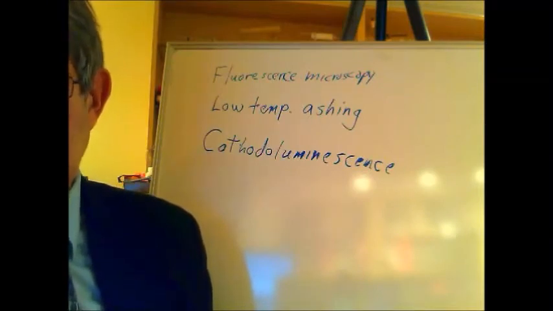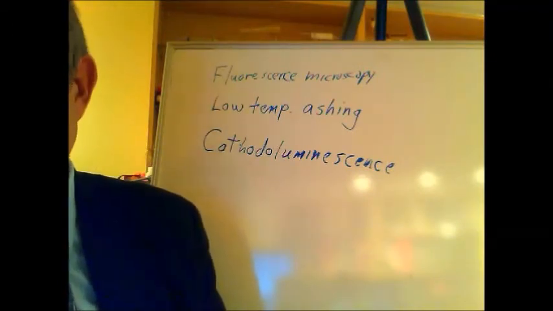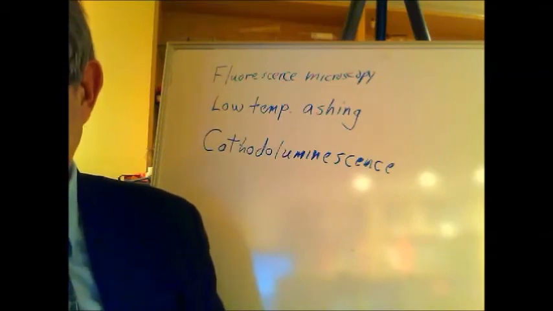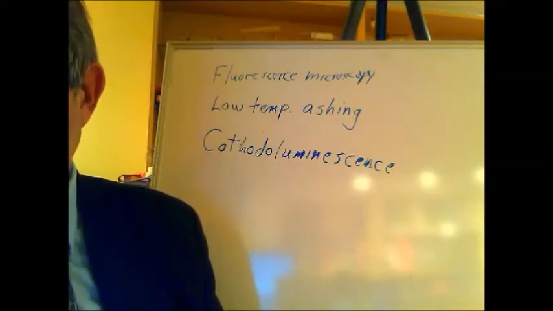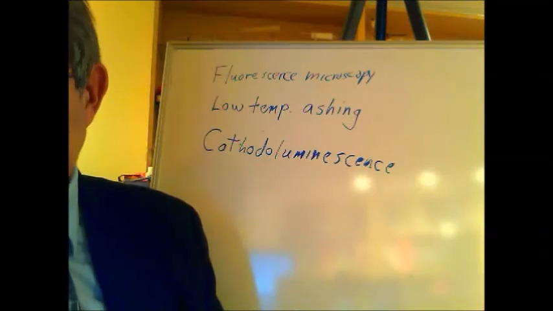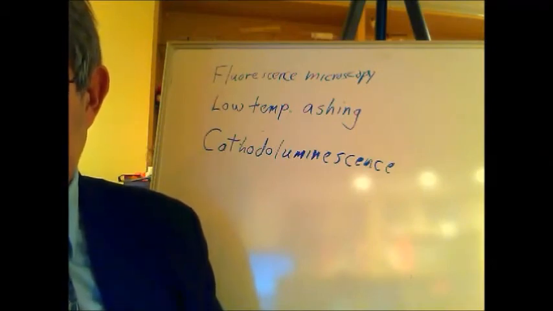You could also use what is known as analytical electron microscopy. And analytical electron microscopy actually refers to a technique that employs tunneling electron microscopy in conjunction with selected area electron diffraction, and again the energy dispersive X-ray analysis.